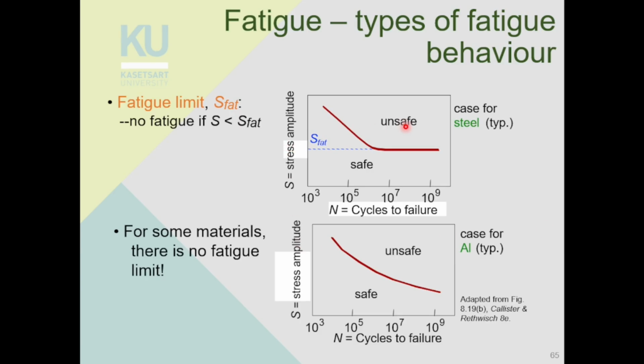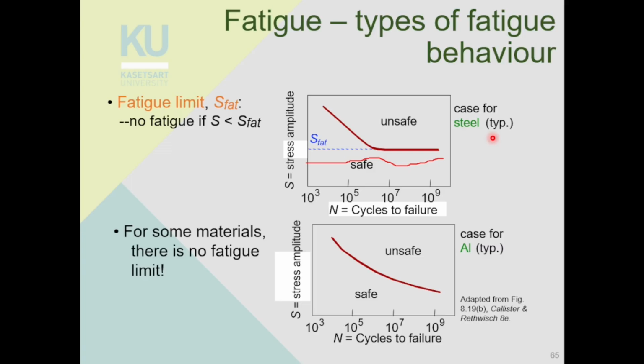A material with a fatigue limit is a material that won't get any fatigue if the stress amplitude is less than the fatigue limit. Say, for example, if you're using it at this stress amplitude, at this point here, you won't get any fatigue. So it will stay safe if you're using it at a stress amplitude below S fatigue.